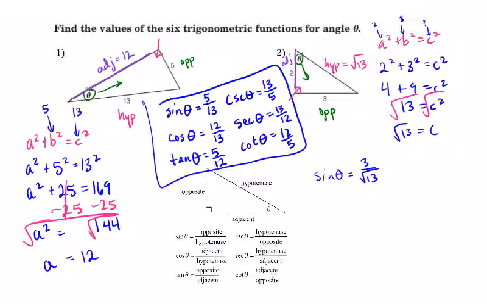And so we want to rationalize the denominator whenever that happens. In this case, it's root 13 on the bottom, square root. So all I have to do with the square root is multiply it by itself, and that cancels out the square root, right? And so what this will turn into is 3 root 13 over 13, okay? All right, so that's sine of theta.